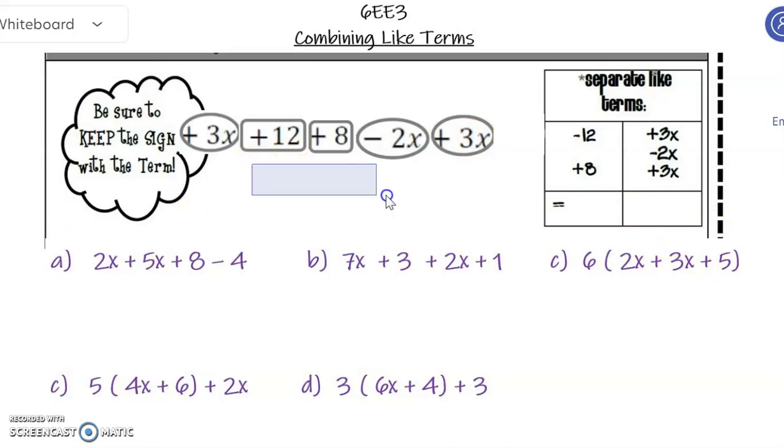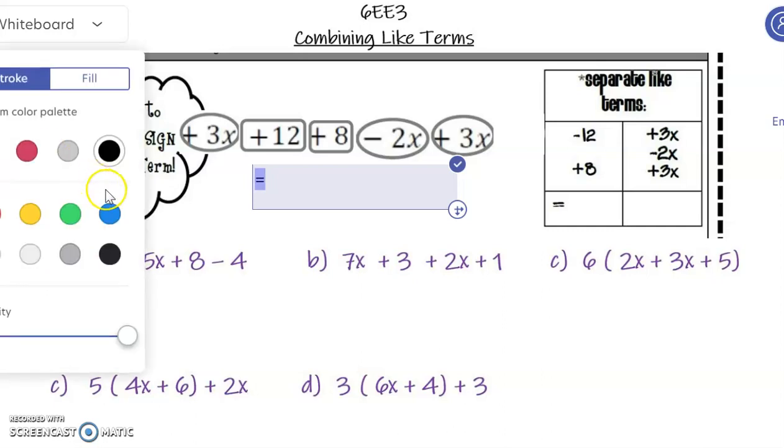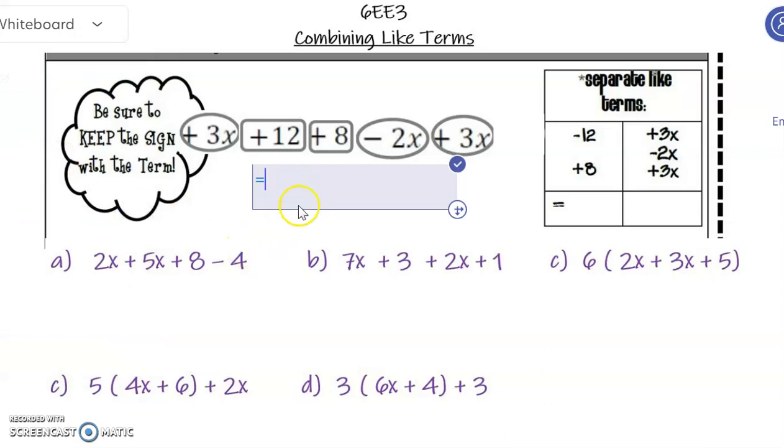So for the x's, I'm going to get equals, let's make this bigger, and let's make this blue so you can see it better. So this is going to be equals 3x minus 2x is 1x plus 3x, so that's going to be 4x.